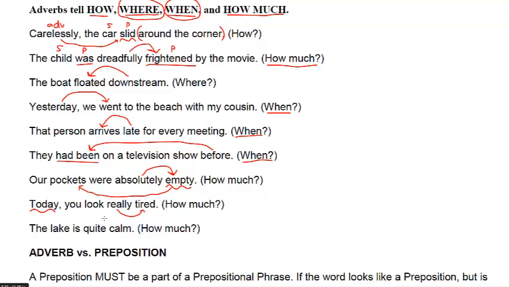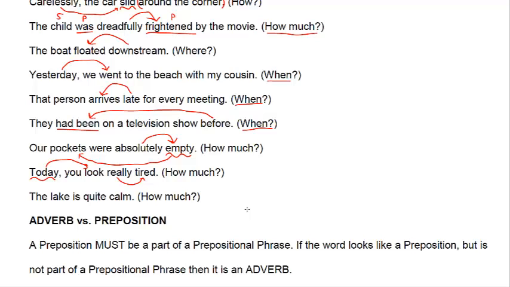Today you look really tired. Today is modifying the verb look. The lake is quite calm. How calm? Quite calm. Calm is an adjective. Quite is telling you about that adjective. So quite is an adverb there.